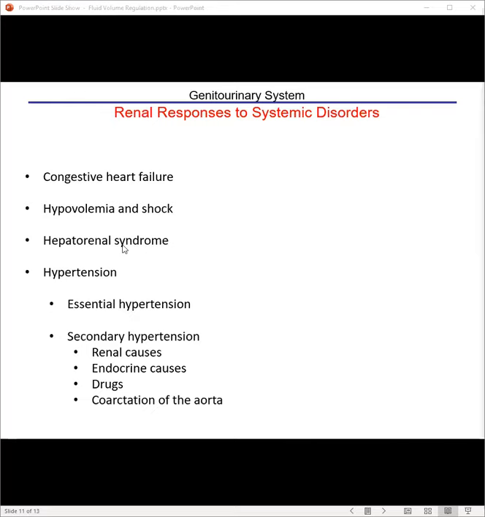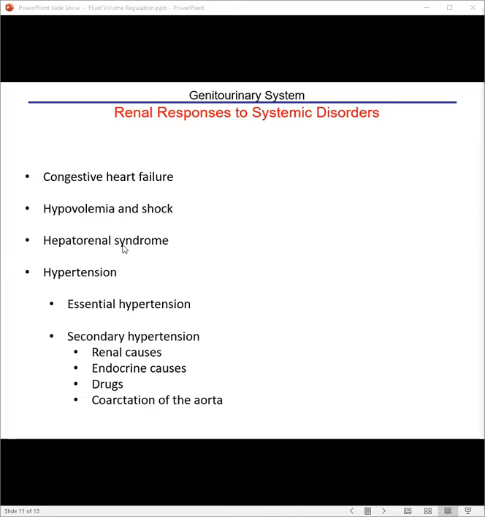The circulating blood volume can also be reduced in liver disease due to the formation of ascites and edema. This results from portal hypertension and impaired synthesis of albumin. Because if you have a liver problem, of course the liver is the site for the synthesis of albumin, and albumin is one of the major proteins that creates oncotic pressure.